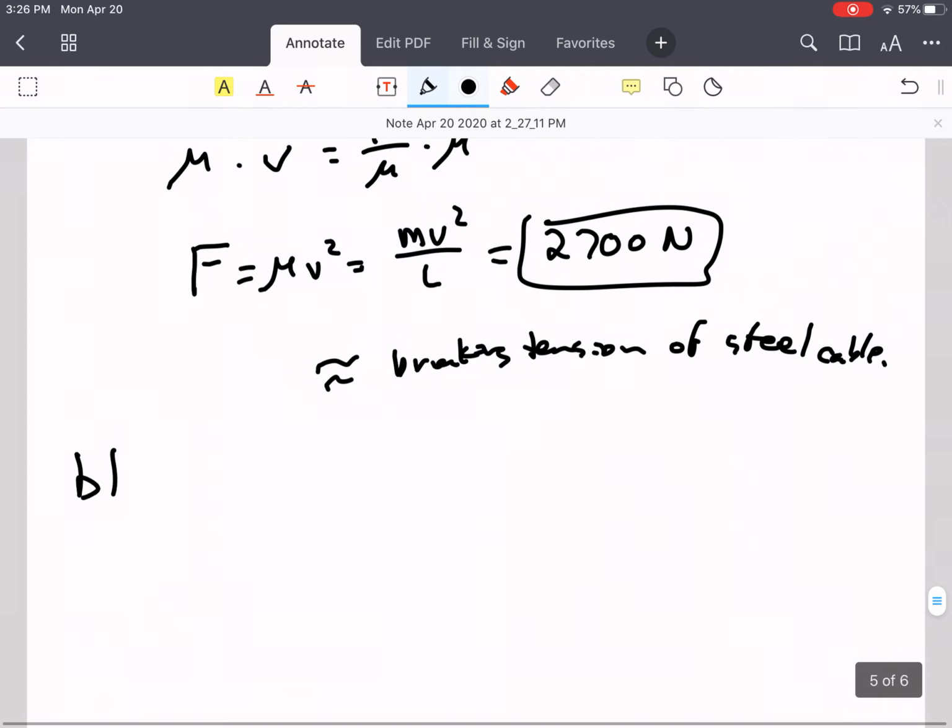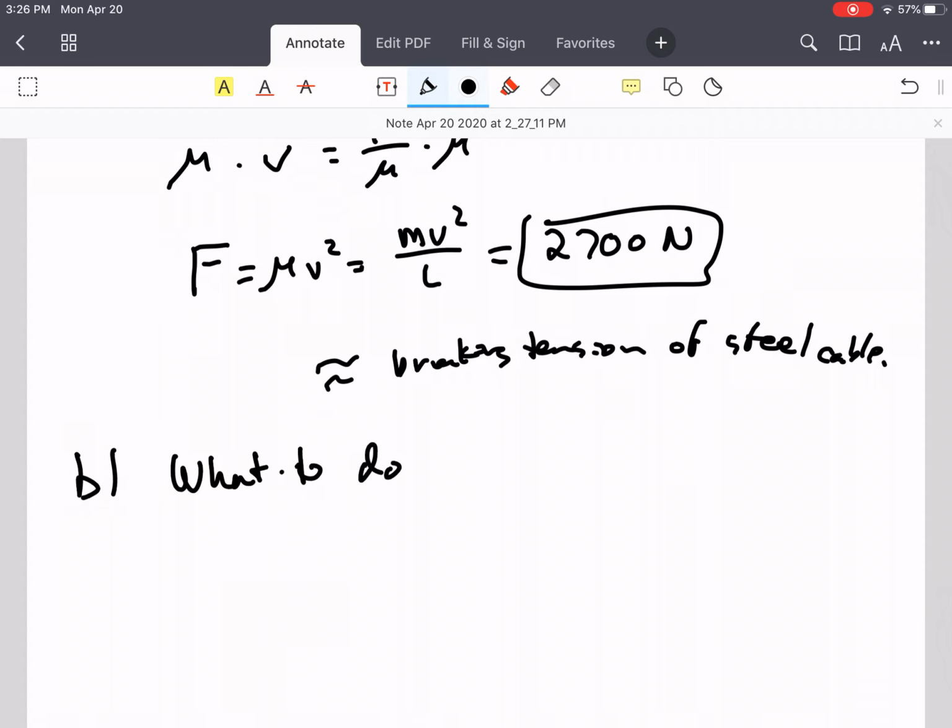So part B of the question asks, what do I need to do if I want a half-second delay? All right? So let's say Spanky talks into one end. It takes half a second for that sound wave to travel along the string, and then comes out at the other end to Alfalfa.